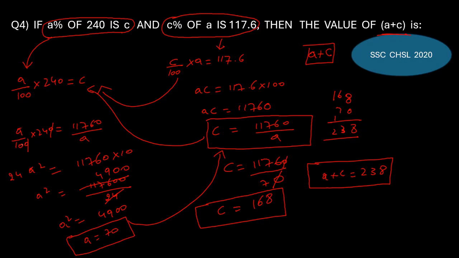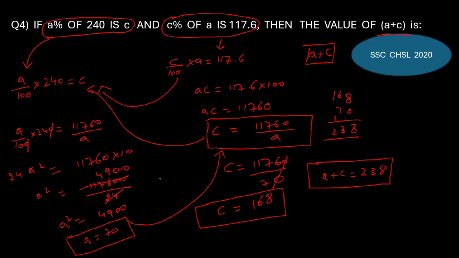That gives me A by 100 into 240 equals 11760 upon A. Again I have cross multiplied the terms. So 24 A square equals 11760 into 10. A square equals 117600 upon 24. After cancelling, I was left with A square equals 4900, which gives me A equals 70.